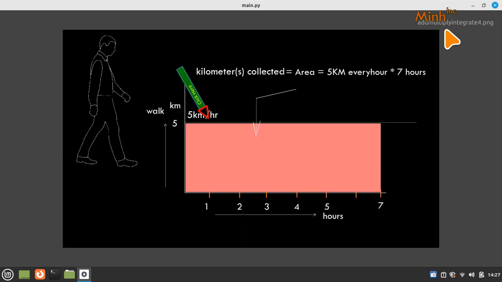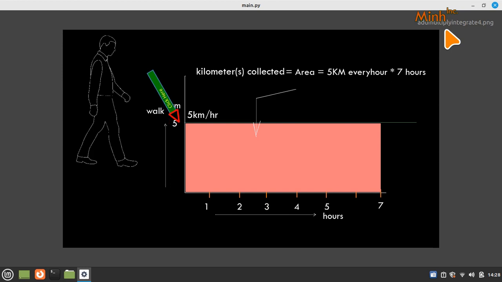Or a person collects 5 kilometers every hour, then at the end of 7 hours he collects 35, because x is 7 and y is 5. So 5 into 7 comes to 35. So this is also a way of addition. So this is the independent variable, the x-axis, okay, so time just passes through, and the y-axis is how many kilometers he is collecting, means he is walking.